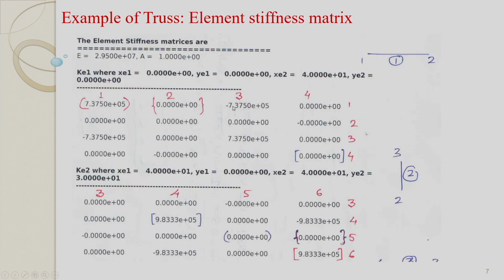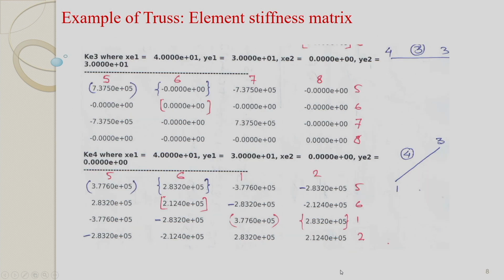So, in Ke2, in the local 4 cross 4 matrix, the 4 comma 4 position is for global 6 comma 6.